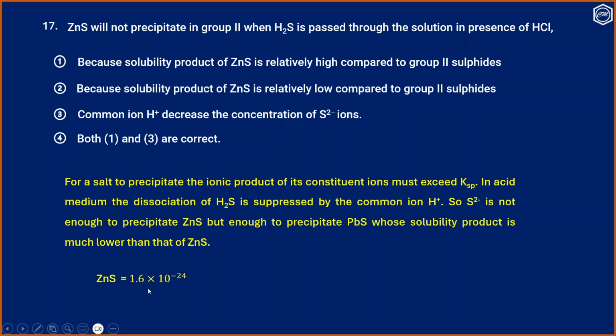For zinc sulfide, the solubility product is 1.6 into 10 raised to minus 24. But for lead sulfide, it is 8 into 10 raised to minus 28. And for copper sulfide, it is 6.3 into 10 raised to minus 36. The highest value is for zinc sulfide. So the correct option is option 4.